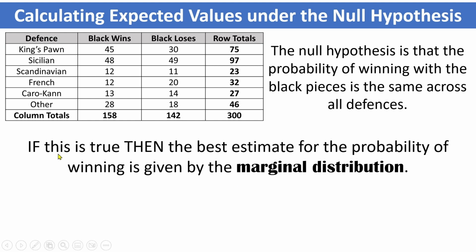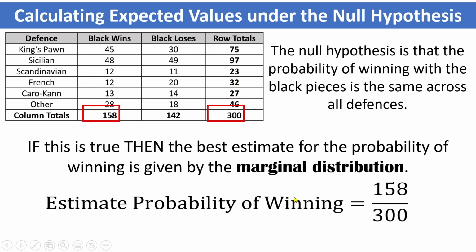If the null hypothesis is true, then the best estimate for the common probability of winning is given by the marginal distributions. In other words, when we assume the null is true, we can pool all the data. We can calculate the total number of times black won, the total number of times black lost, out of the total number of games.